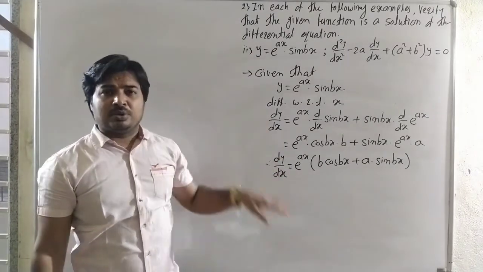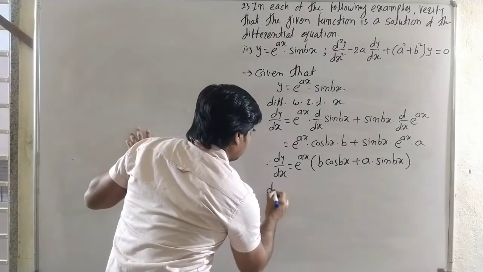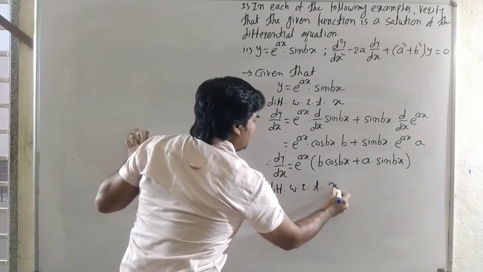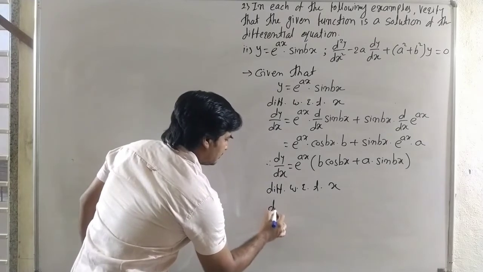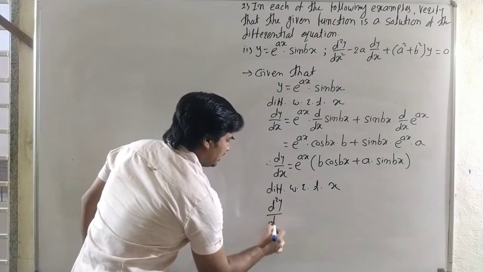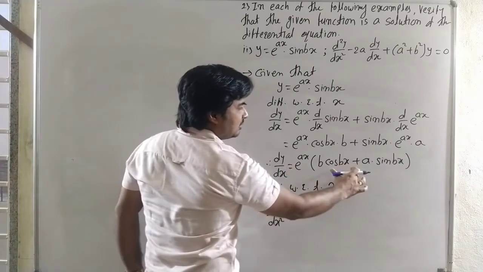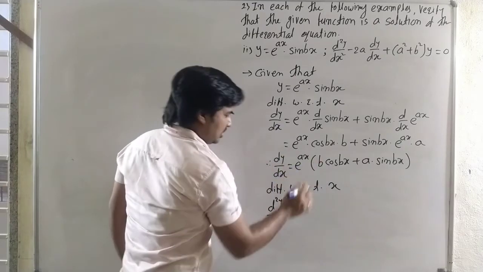Okay, now again differentiate, we get the second order derivative. Again differentiate with respect to x. The derivative of dy by dx is d2y by dx2. Now here e raised to ax is the first function and this bracket is the second function. Same, u into v: first as it is, derivative of the second.